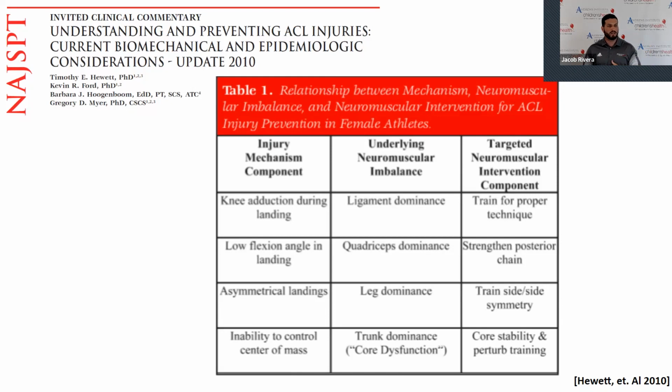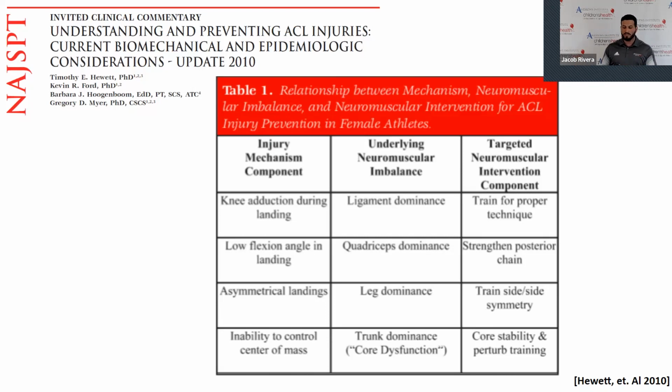Am I going to utilize posterior chain exercises for the shoulder? Am I going to utilize isometrics in my strength training? Am I going to utilize single leg training to target X, Y, or Z? Am I going to ensure that I'm doing core stability training as a way to help prevent the injury? Right?